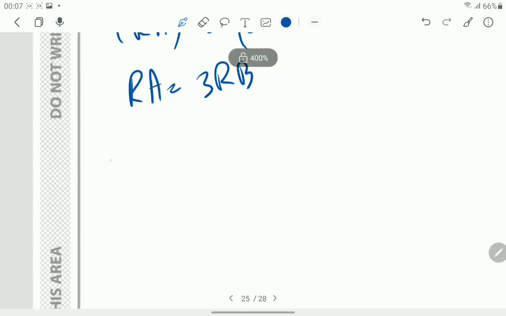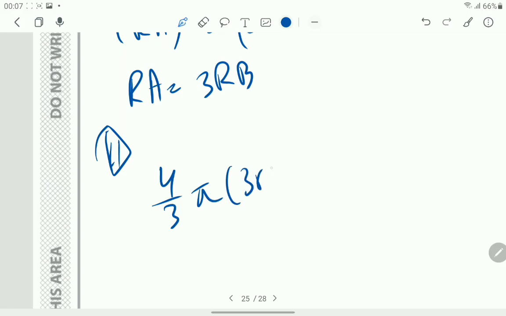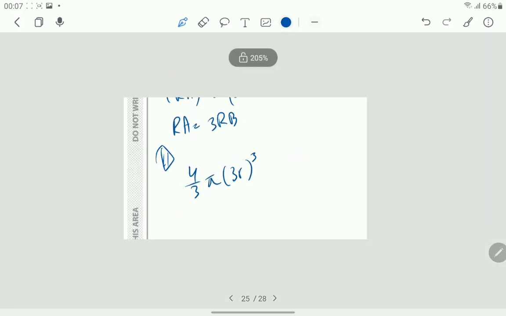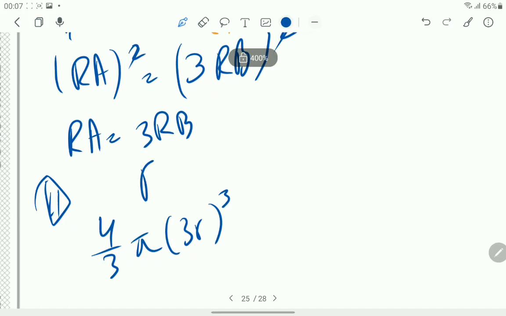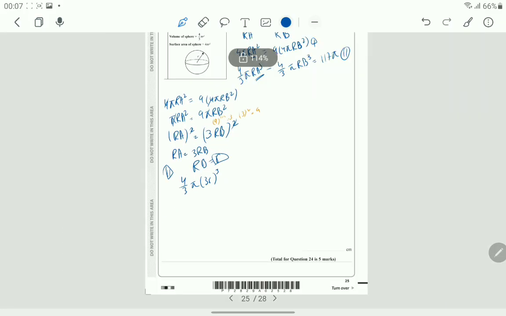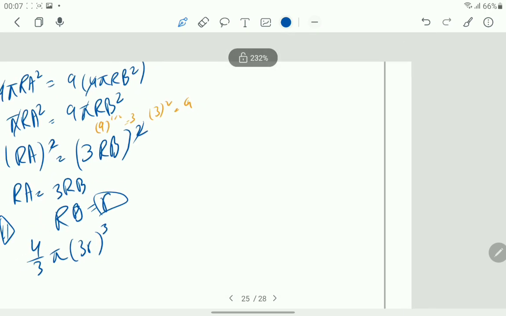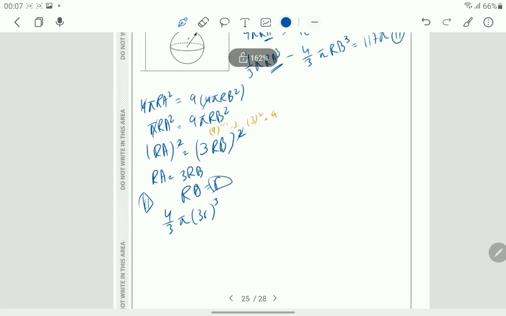In the second equation, we get 4 by 3 pi (3R) cube. Now I'm using RB as R since there's only one variable, so there's no need to differentiate between them as RA and RB.